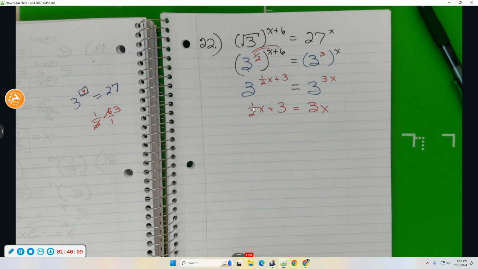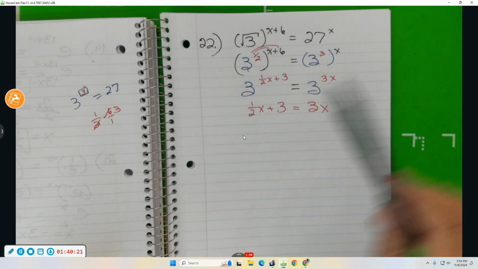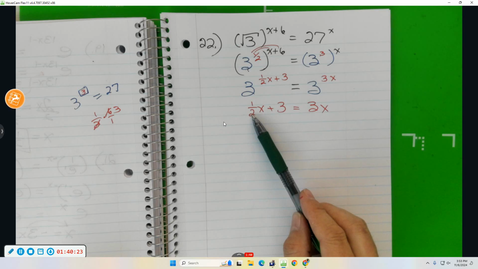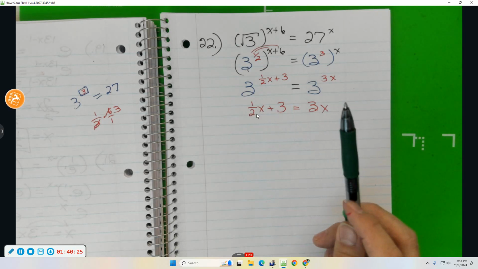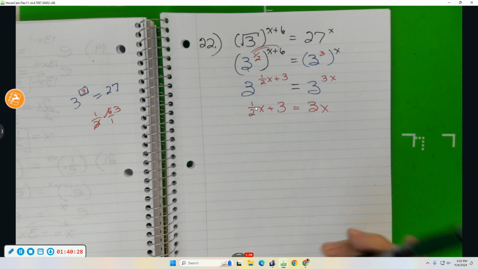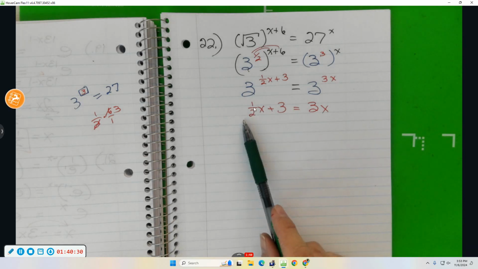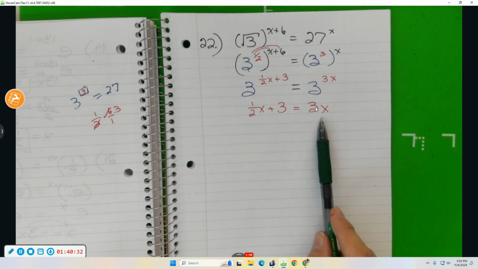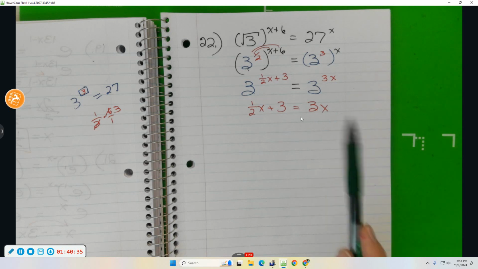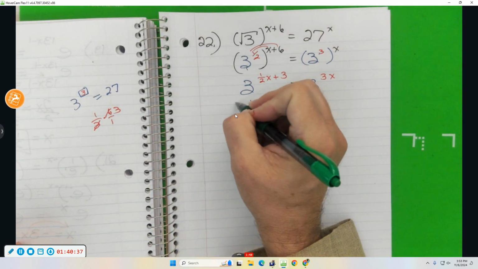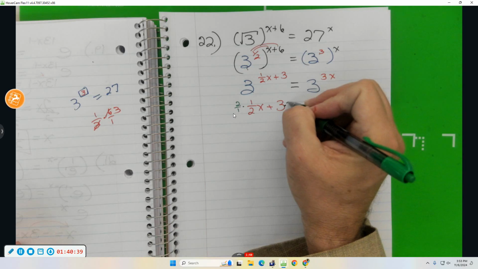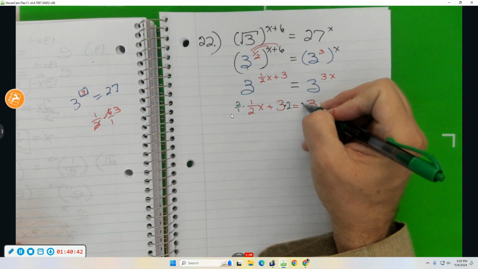We can multiply both sides by this number and it'll cancel out that fraction. What's the least common denominator? The only denominator is a 2, so that means we're going to multiply by that denominator 2. How many times are we going to have to multiply by 2? How many terms do we have? On the left we have 2, on the right 1, so we're going to have to multiply 3 times. So times 2 over 1, times 2, and times 2.